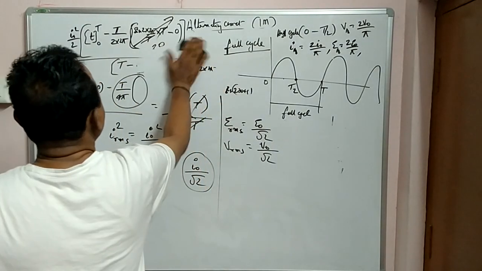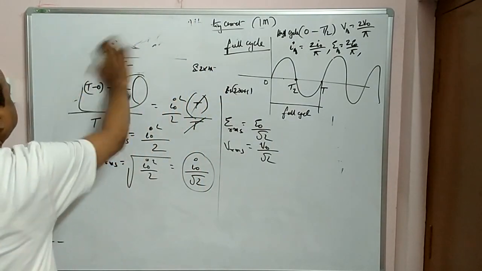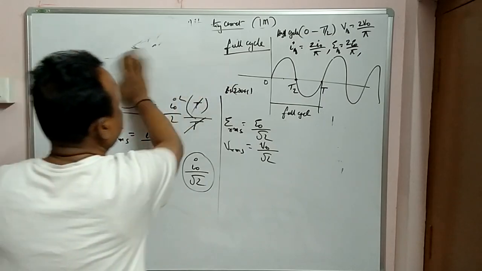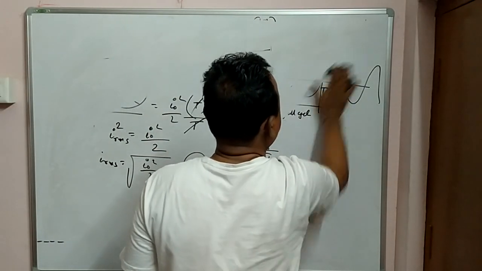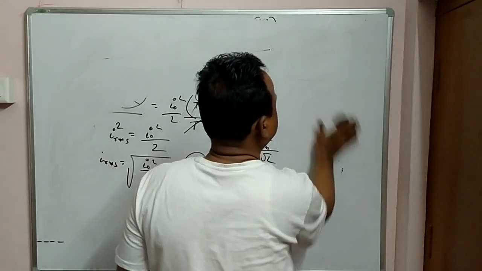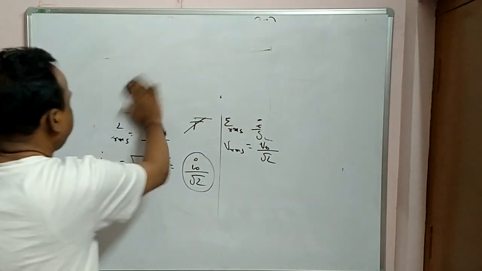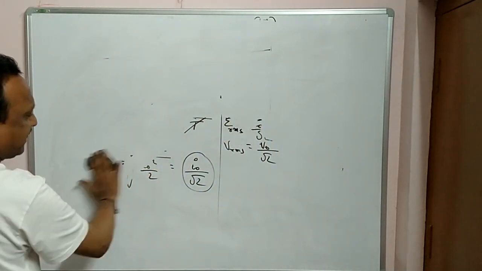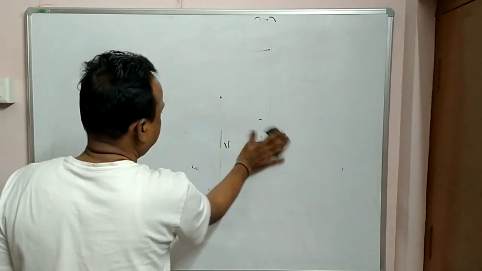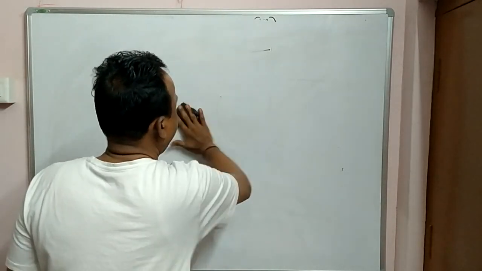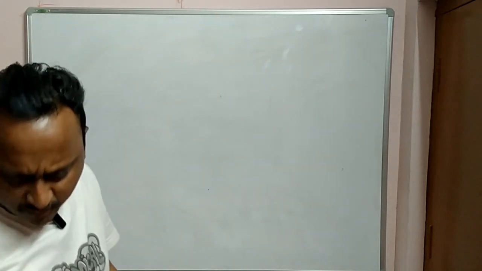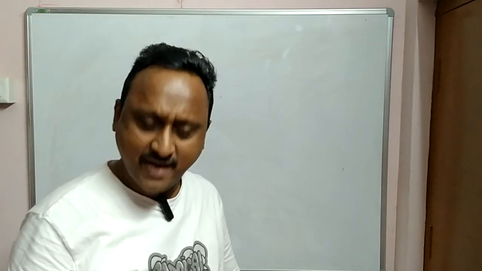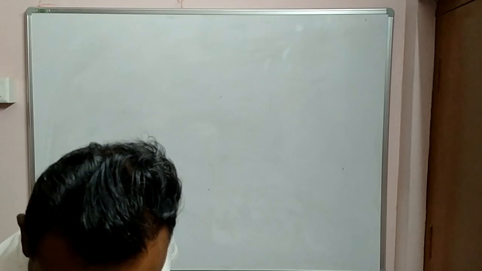So this is how you have to calculate: applying the limits, using a little mathematics, and finally finding the value. Just to explain, I am deriving it, otherwise I would have given the direct values. So IRMS is I0 by root 2, VRMS is V0 by root 2, and ERMS is E0 by root 2, please.